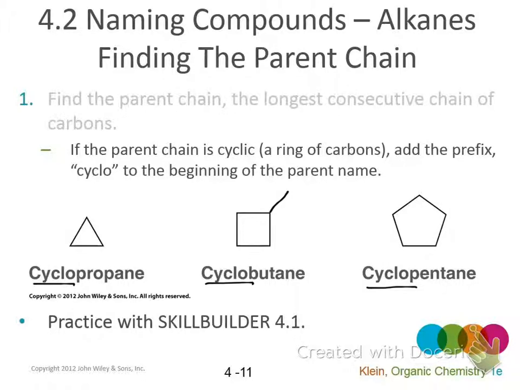You want to put it as the lowest possible number. So wherever you put the substituent, that becomes the first carbon. If there's only 1, you don't have to number, right? So they would call that methyl cyclobutane because there's no other position. If you put it anywhere else, it'd always be on the number 1 carbon.